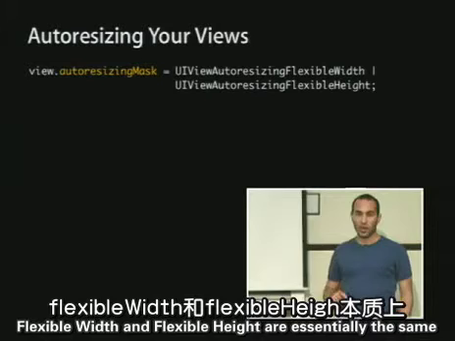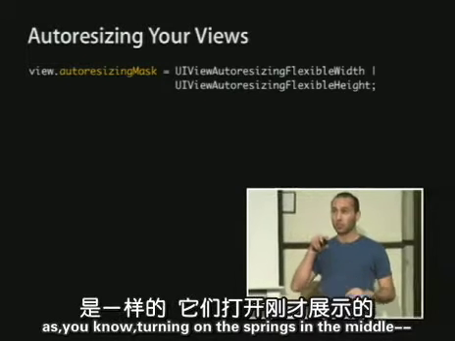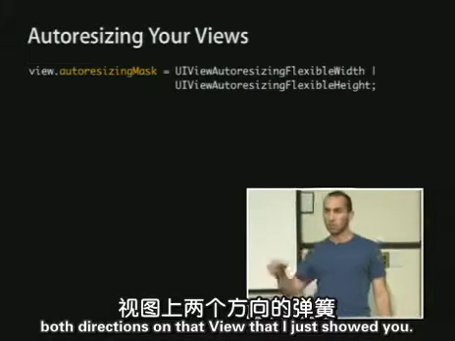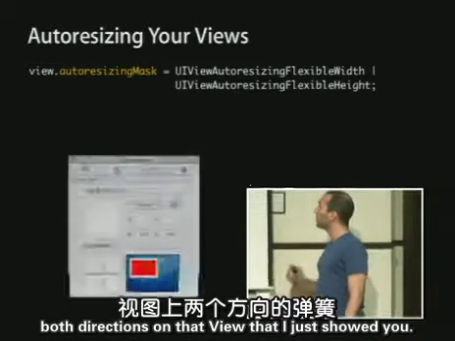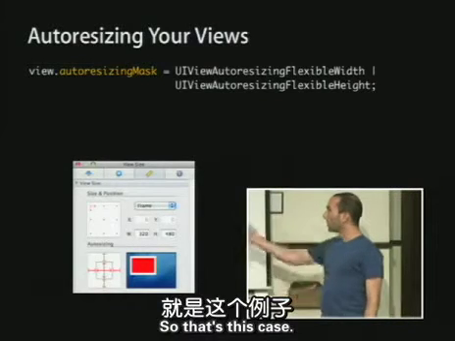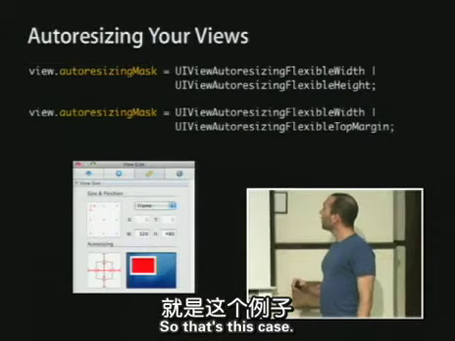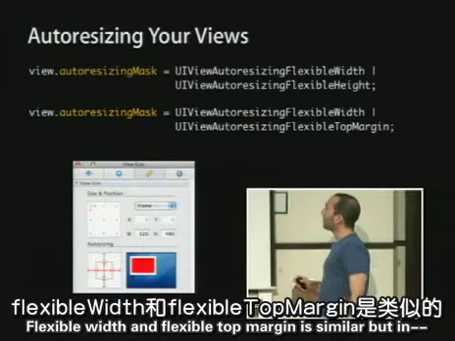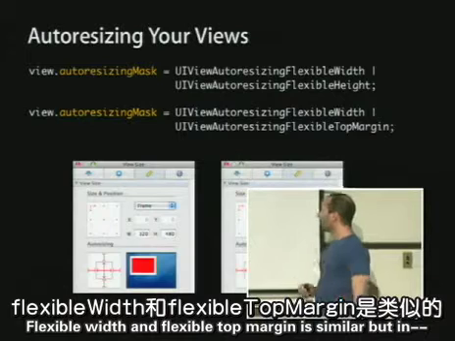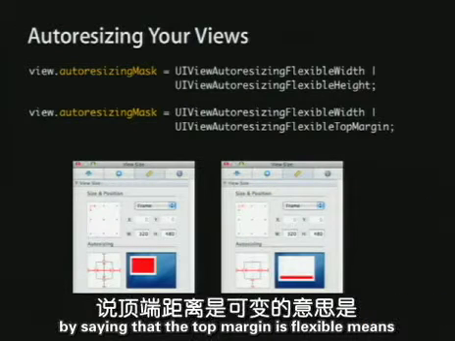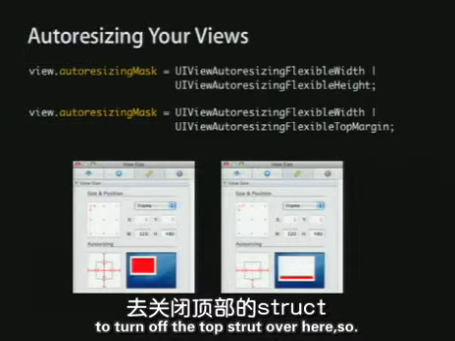Flexible width and flexible height are essentially the same as turning on the springs in the middle, both directions on that view that I just showed you. So that's this case. Flexible width and flexible top margin is similar, but by saying that the top margin is flexible means to turn off the top strut over here.